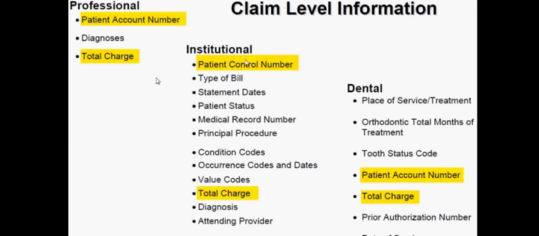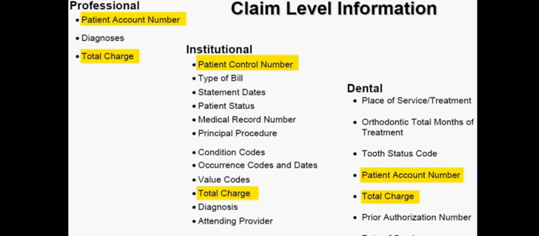So for institution claim, let us see what information it is. Patient control number, there's a unique identification number. Type of a bill here. That means based upon the reason code, the CMS came up with a type of a bill. So it's basically some standard 2-digit codes. Then the statement date, when they have generated the statements.